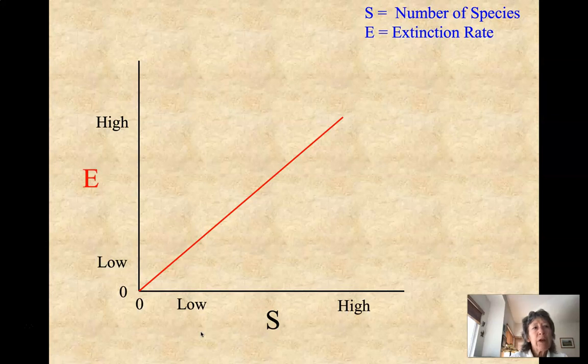And recall that the carrying capacity is the number of organisms the resources of the island can support. And again, these are local extinctions, just extinctions on the island.